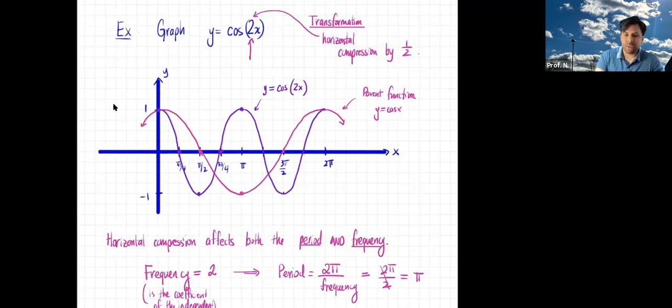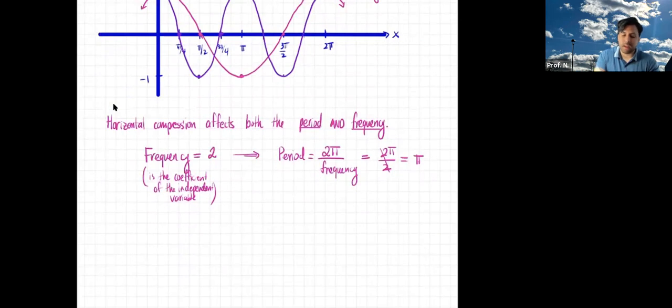But I want you to notice that this 2 here says what? Horizontal compression. So now instead of having this, think of this like a little spring, right? I just compressed it. And now I see 2 of them within that same interval from 0 to 2 pi. That affects my frequency, that affects my period, but as you can tell, my amplitude is still the same.